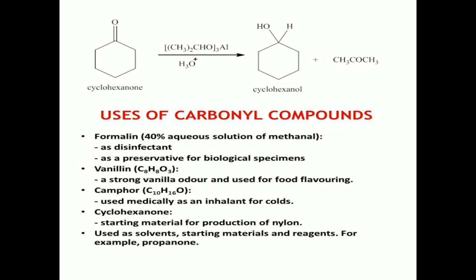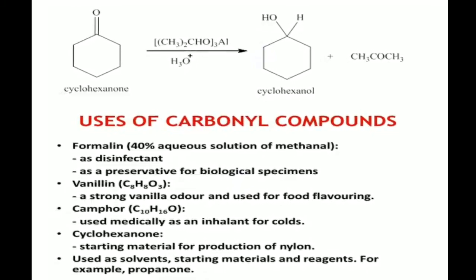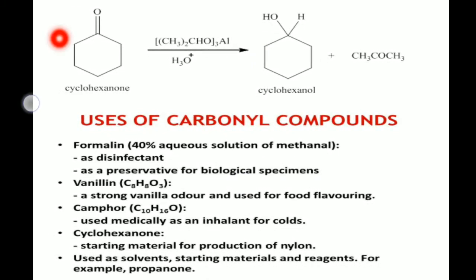This is another example for Meerwein-Ponndorf-Verley reduction. Cyclohexanone. Here one cyclic ketone is taken. That is cyclohexanone. In the presence of aluminum isopropoxide, this ketone group or carbonyl group is converting.